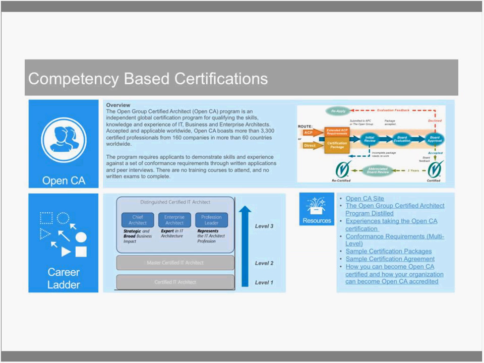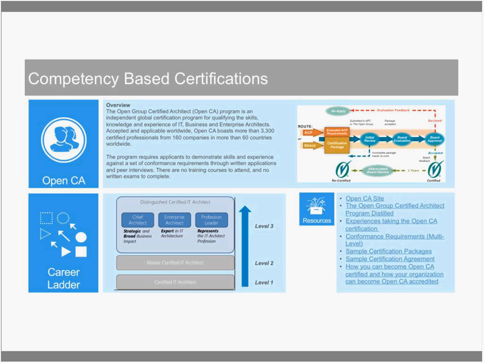Now, I mentioned that I would publish this information. This is an example of one of the sheets that you would see within the presentation. This is the OpenCA overview. What you see here is a brief overview of what OpenCA is, the specific process you would need to go through to become certified, and the specific career ladder and resources.